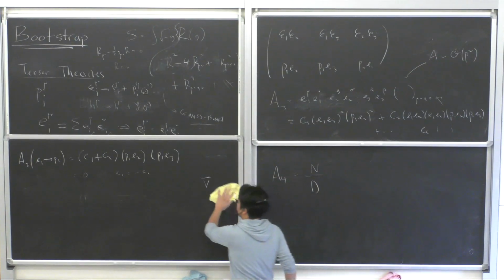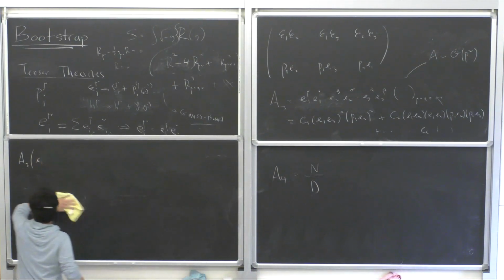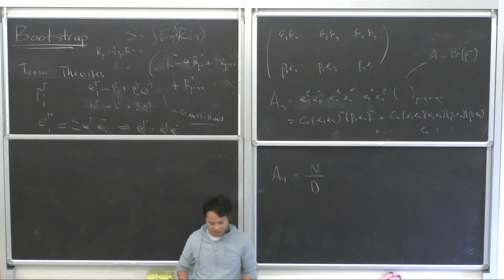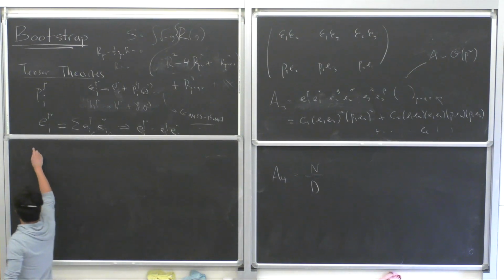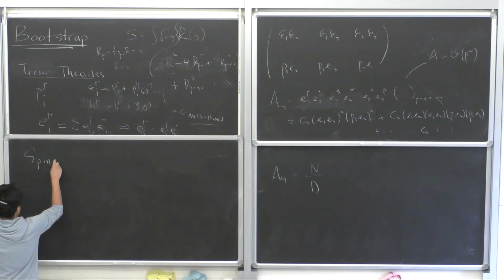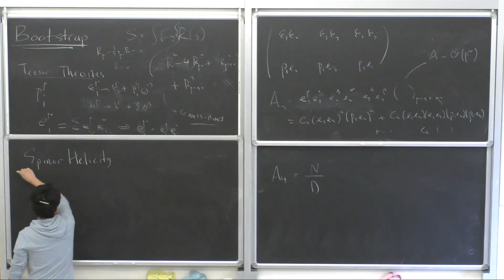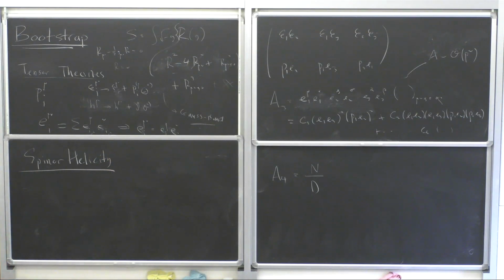Since you've seen it so many times, I'm going to present it in a way that you can know what my notation is. So here are my conventions: spinor helicity. I will attempt to jump to the middle, but let me tell you my convention.